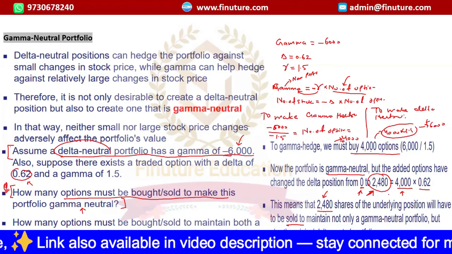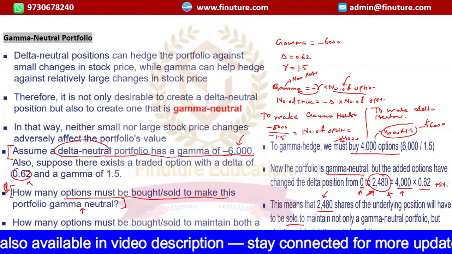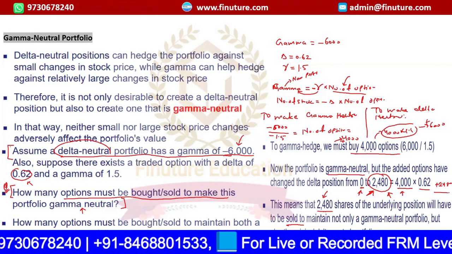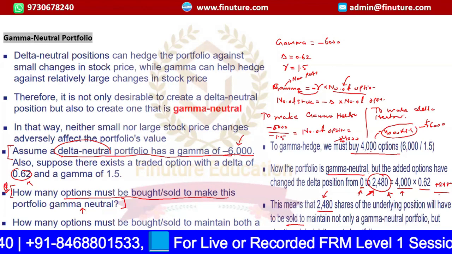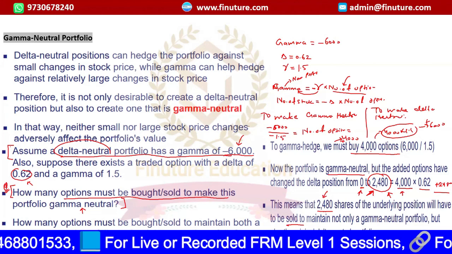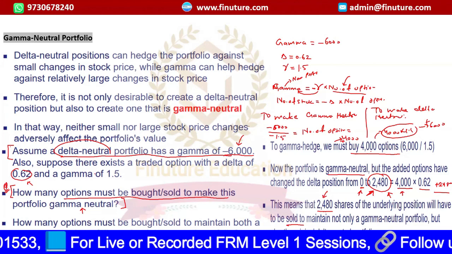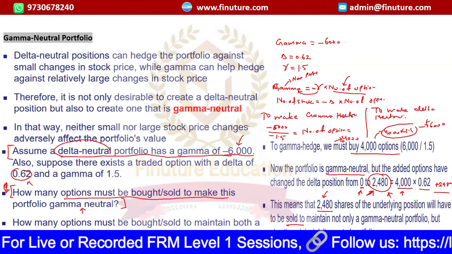So your new delta is now 2480. To hedge this delta, if your delta is positive, you will sell these many shares. If your delta is negative, as with a put option, you will take a position in stock accordingly.